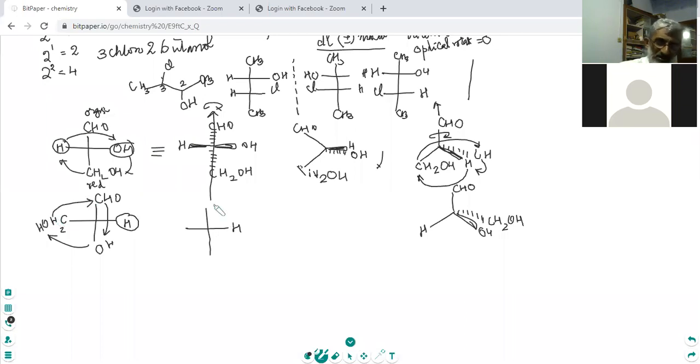So these are the things which you can do with Fischer projection. CH2OH, CHO, and OH.